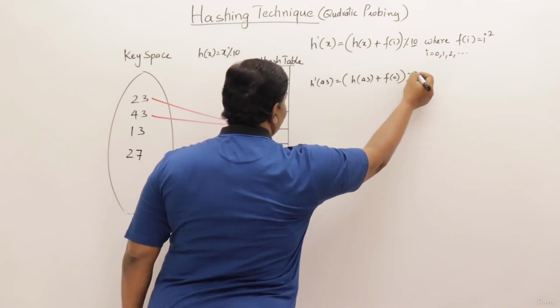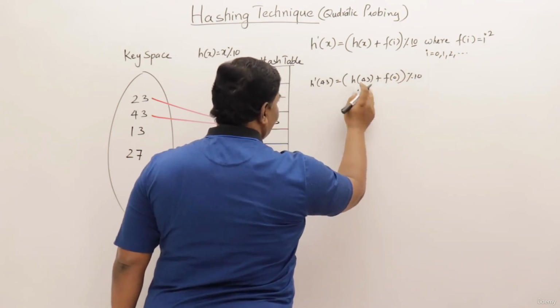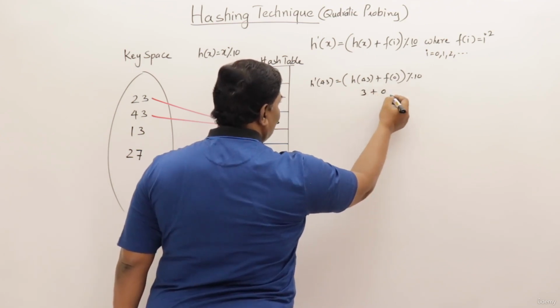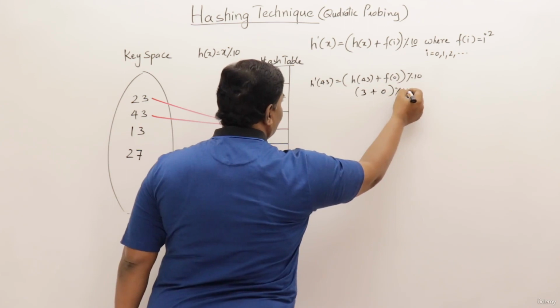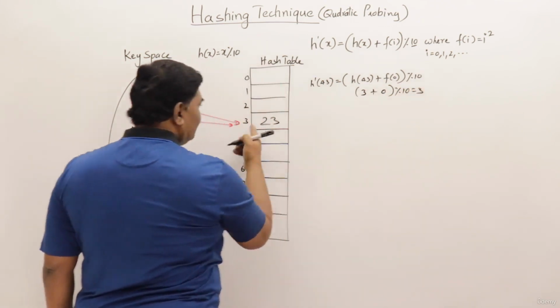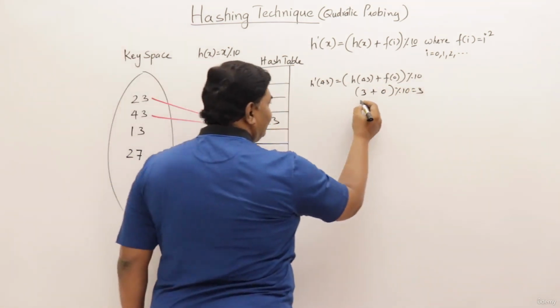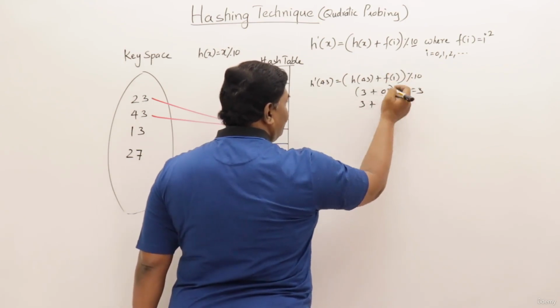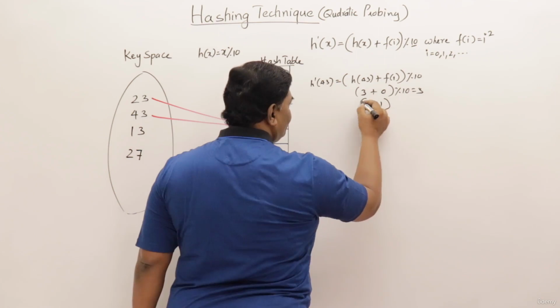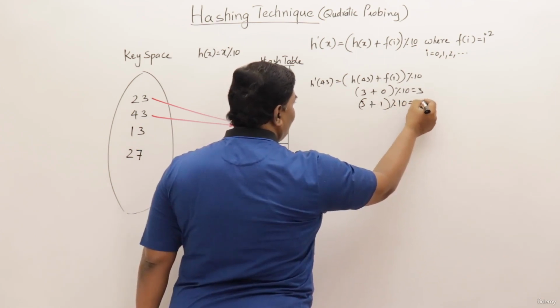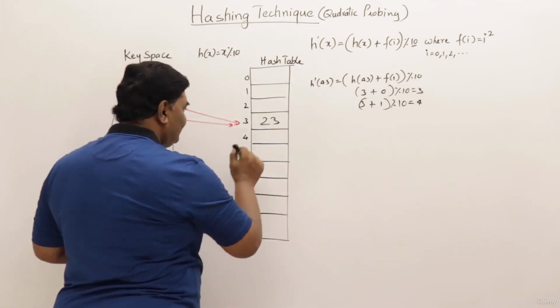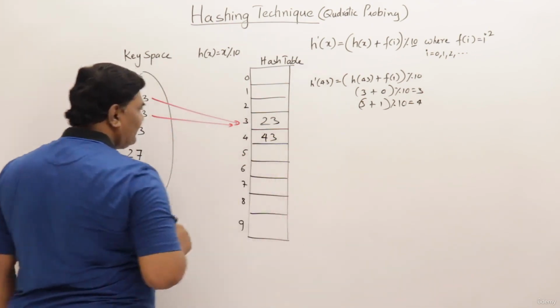First time when it is 0, this is 3 plus 0 mod 10. This is 3, but there is a collision. The next is 3 plus, this should be 1. When it is 1, this is 1 square, 1. So 4 mod 10 is 4. Yes, there is a free space. So 43 is stored at the next free space here.